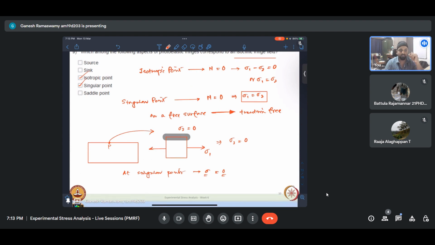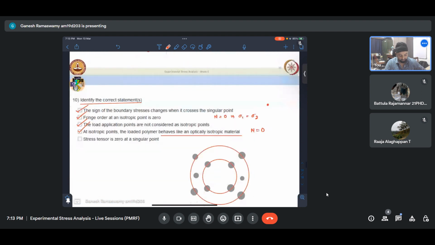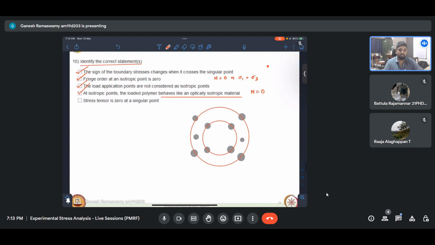Free surface implies that whatever stress element you draw that has one of the normals perpendicular to that free surface, that orientation is the principal stress orientation. And the principal stresses that you mark at that orientation are indeed the actual principal stresses. Now, by virtue of that being an isotropic point, it implies that sigma 1 equals sigma 2.